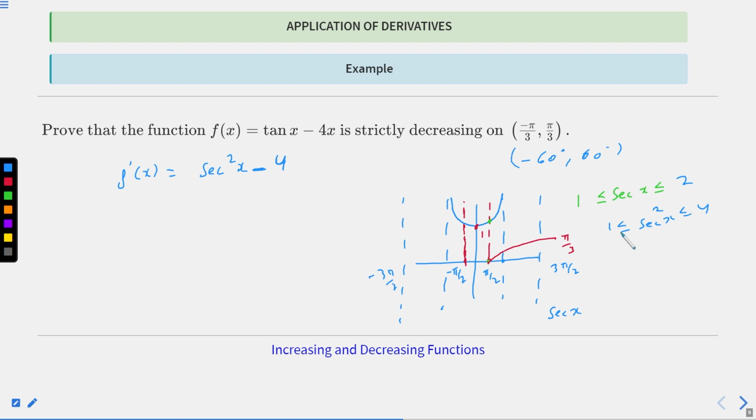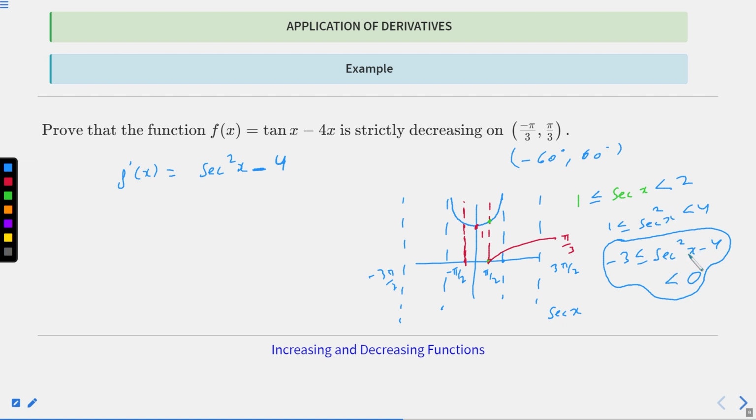What is happening? Just be careful that your sec square x will be between 1 and 4. It cannot be greater than 4. This means if you subtract 4 from every side, you will get minus 3 less than or equal to sec square x minus 4 less than or equal to 0. But we are talking about an open interval, so you will use strict inequalities instead of equality.